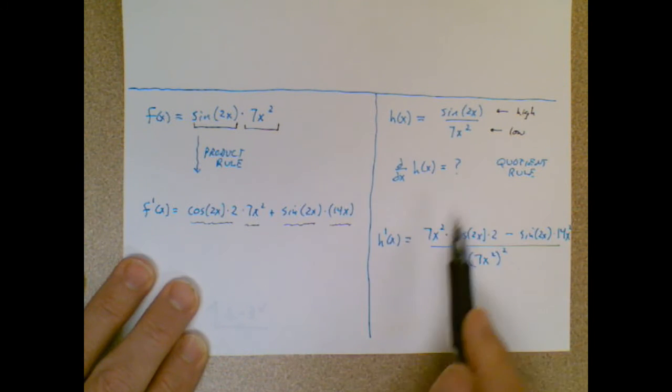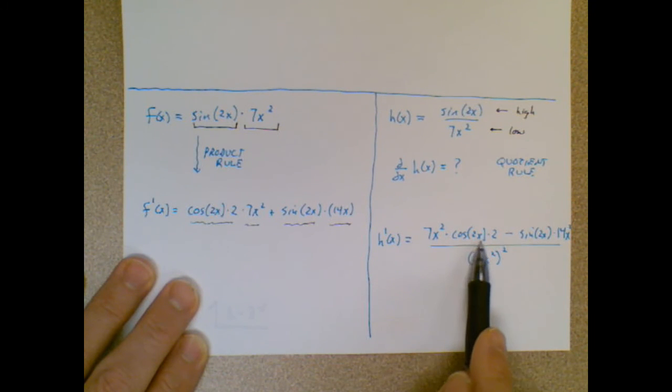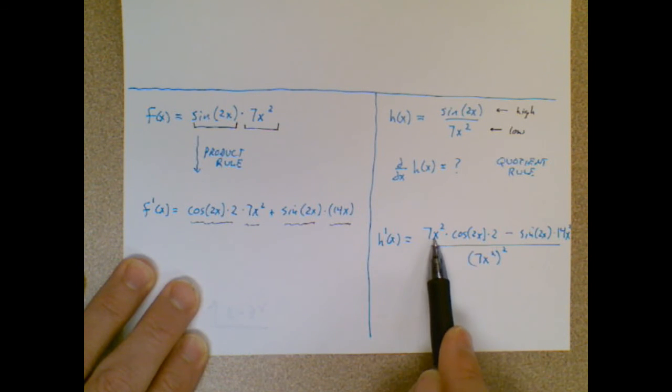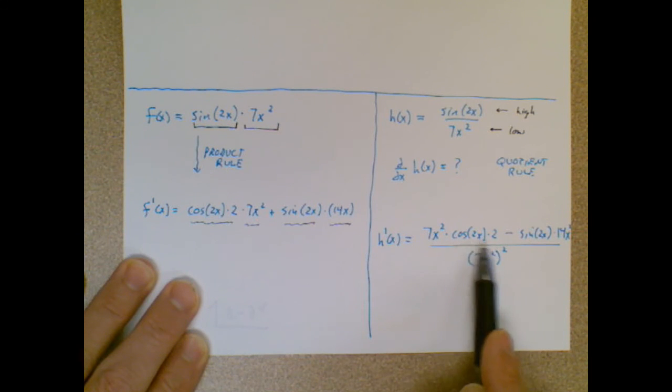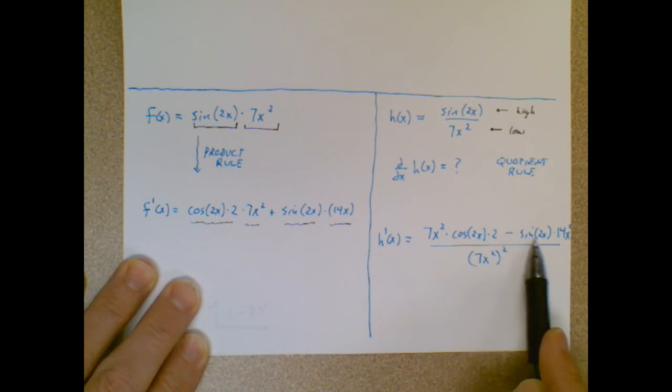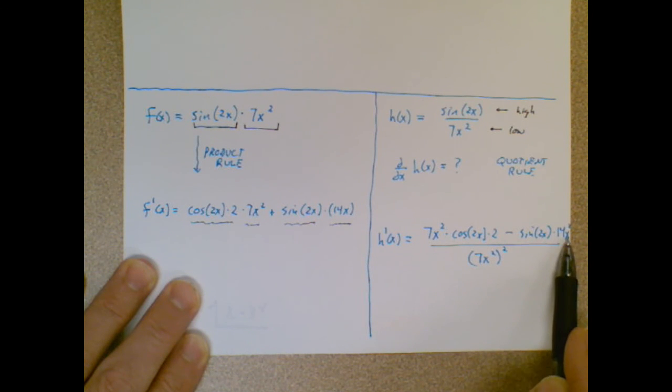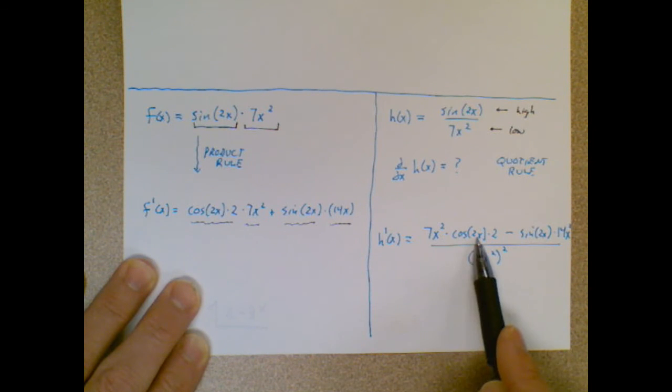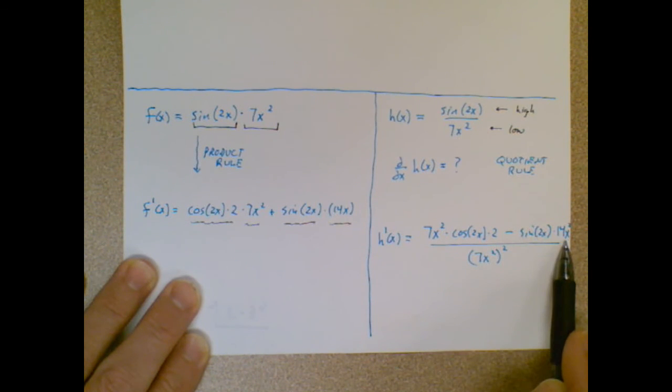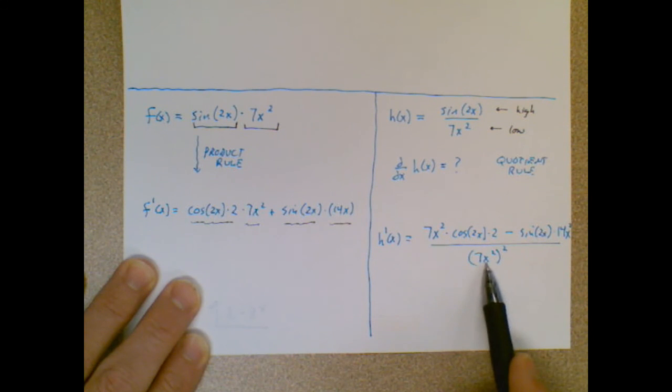To do this derivative, low d high minus high d low all over denominator squared. What's happening is low, the low part of the fraction, d high, derivative of the high part of the fraction, minus high part of the fraction times the derivative of the low part of the fraction, all over denominator squared.